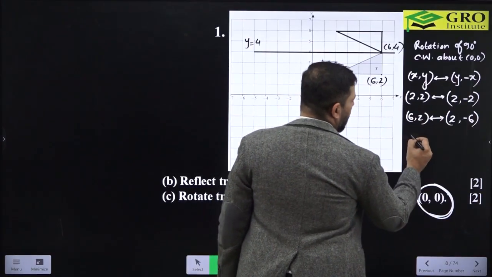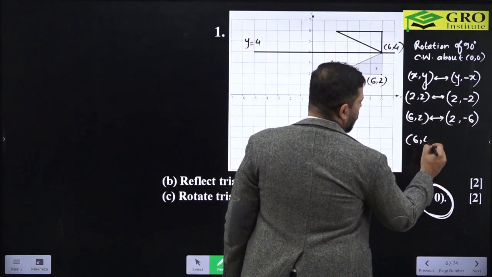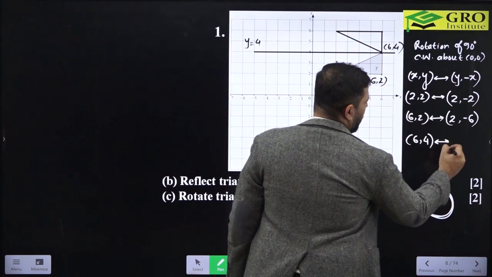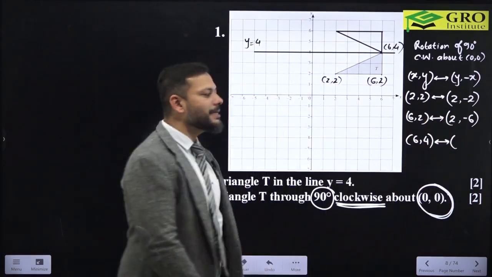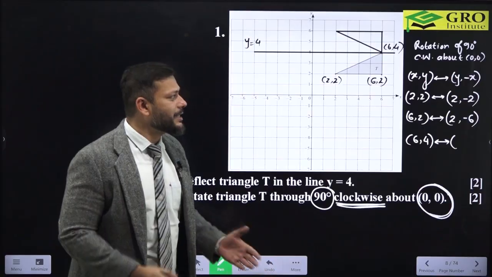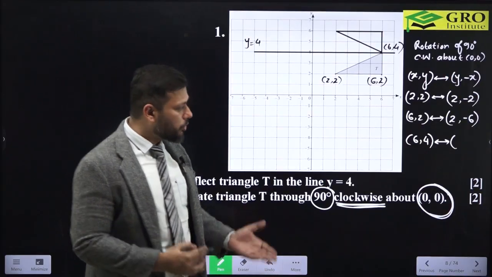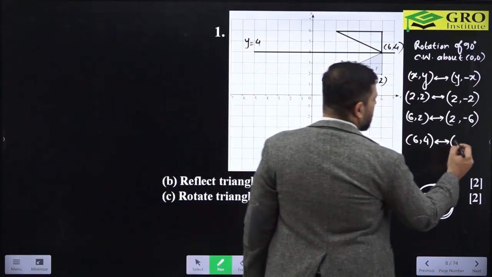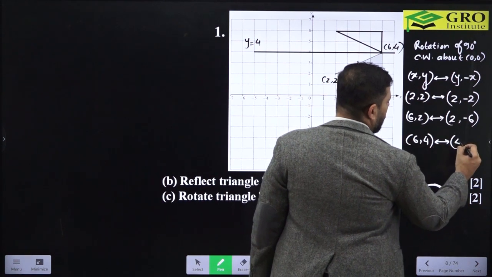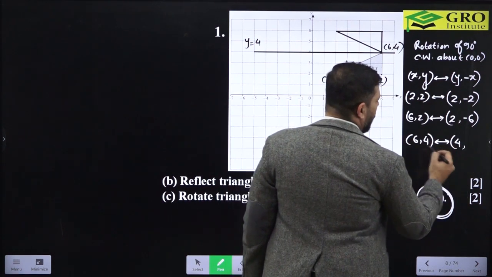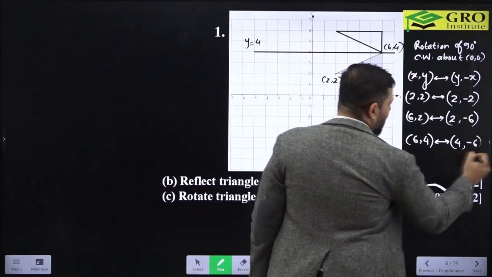When we talk about the third point, it is (6, 4). And when we rotate it 90 degree clockwise about the origin, this 6 becomes 4, interchanging the places, while 4 becomes -6.